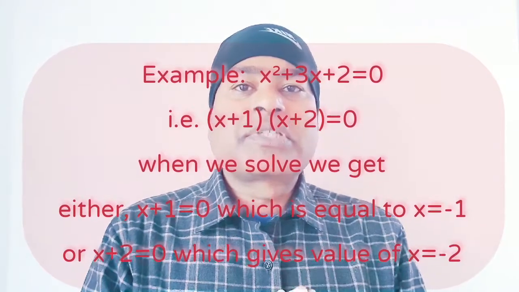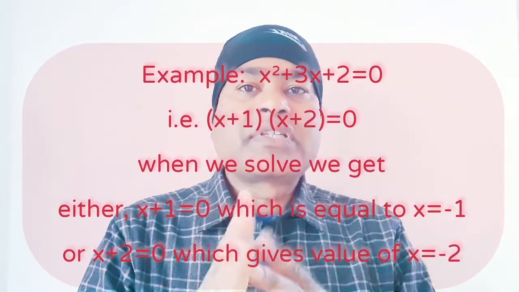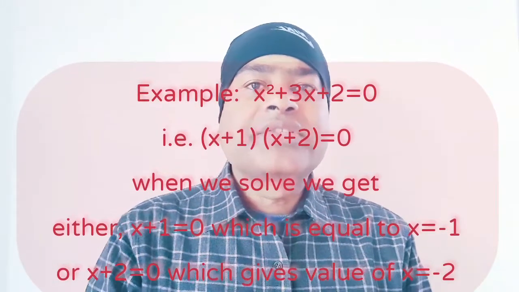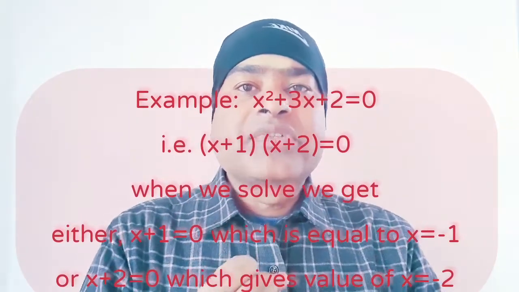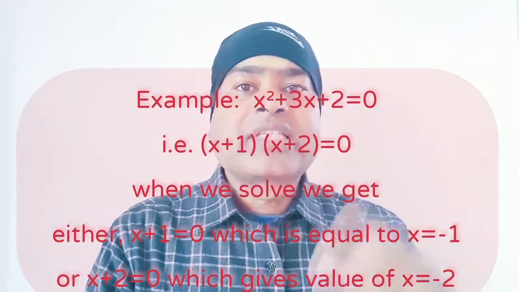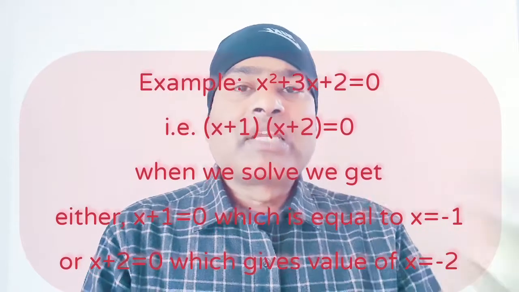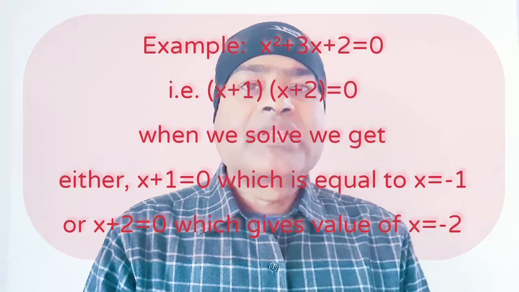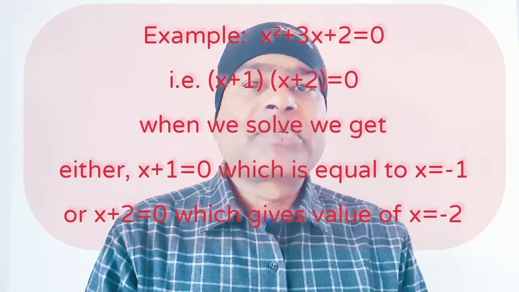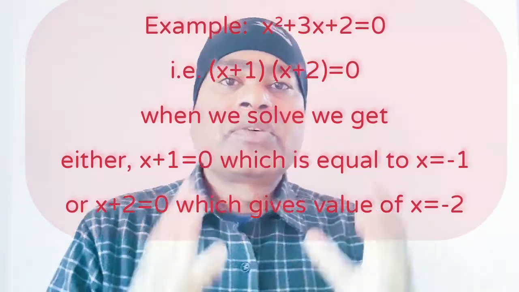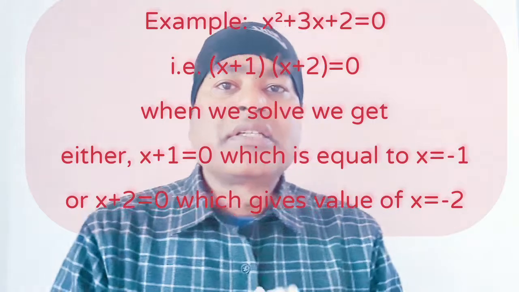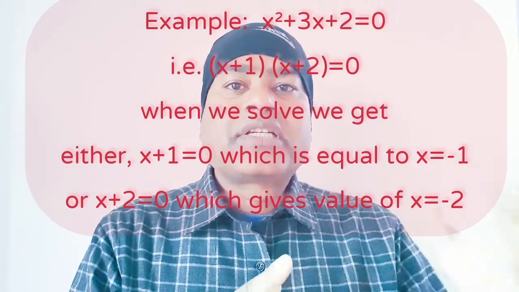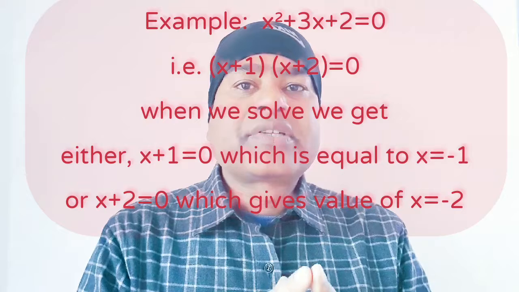First we suppose the first factor equal to 0, and we get the first value of x, or the first root of the quadratic equation. Then we suppose the second factor equal to 0 and solve for x, and we get the second root. So in the factorization method, we have to keep in mind that the quadratic equation should be given in the standard form. That means on the right hand side there must be 0, and then only we factorize.